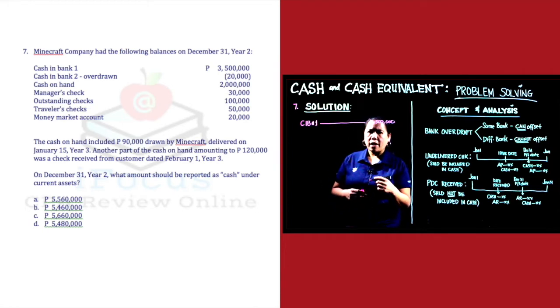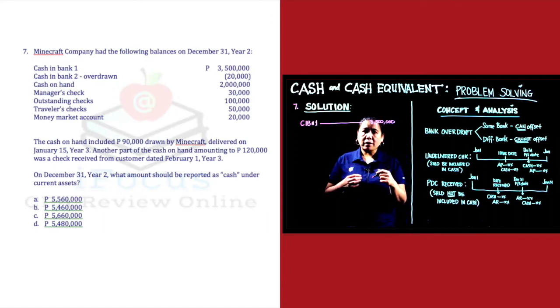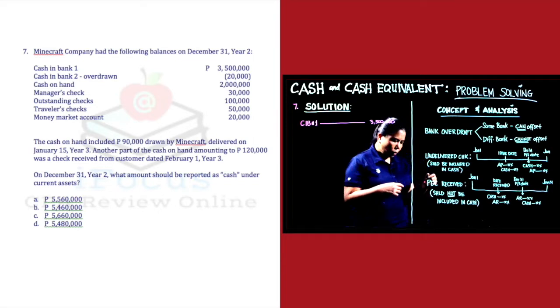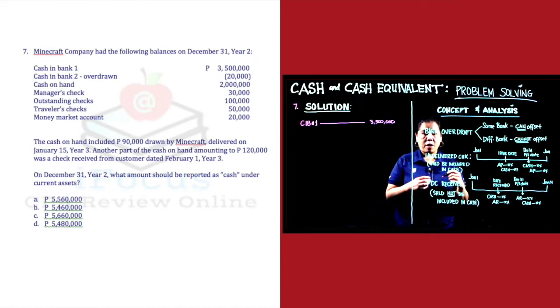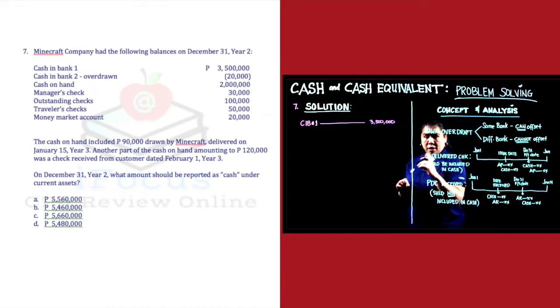Alright? Another item is cash in bank number 2. Cash in bank number 2 amounting to 20,000, which is an overdraft. Okay, so ano ba itong overdraft? So, sa bank overdraft, kapag same bank, pwede natin siyang i-offset. Kapag different bank naman, hindi natin siya pwedeng i-offset unless the amount is immaterial.